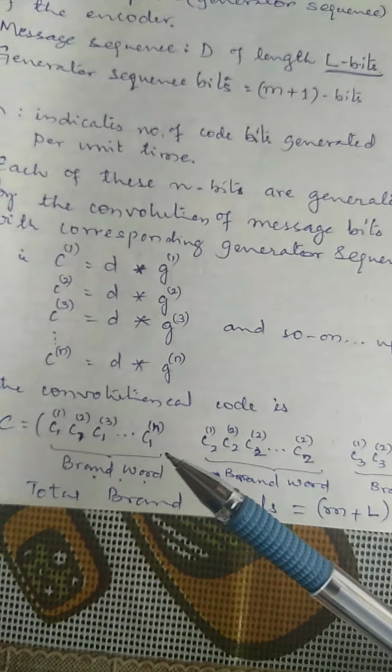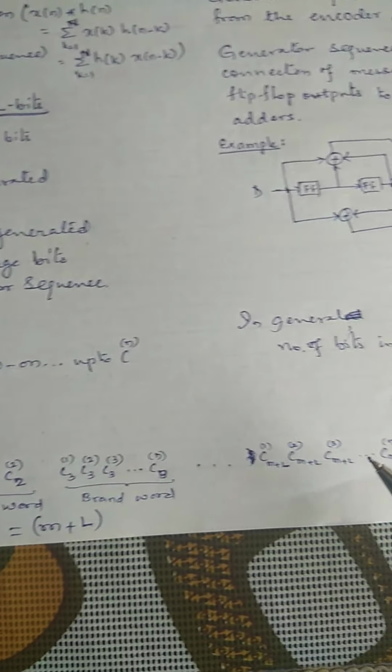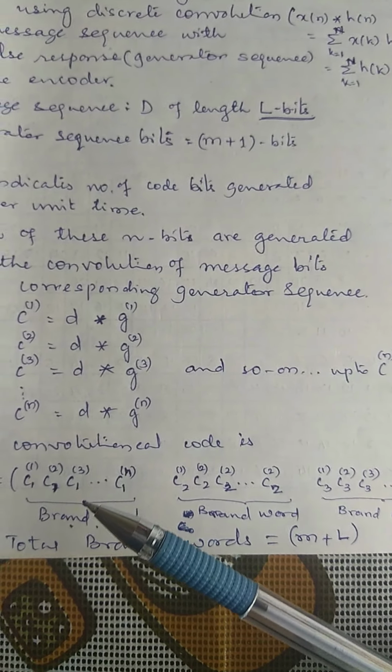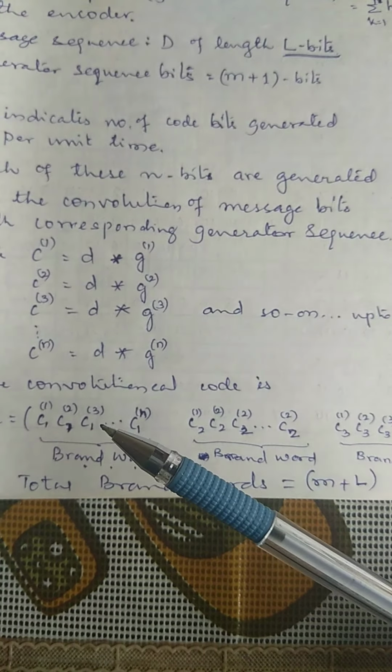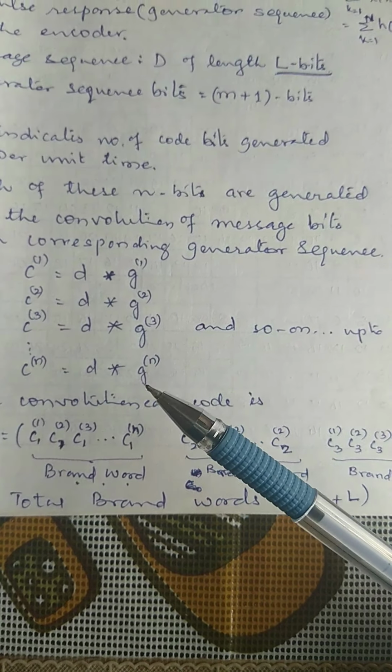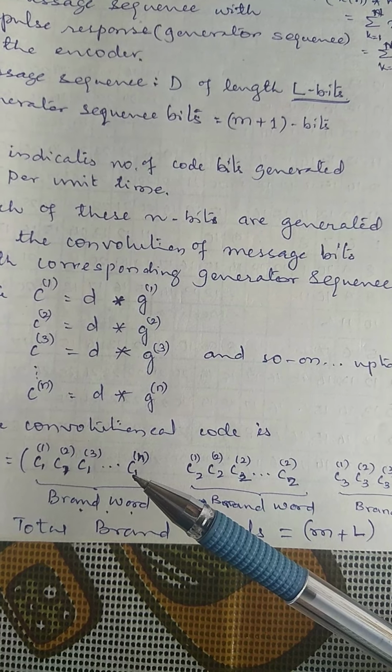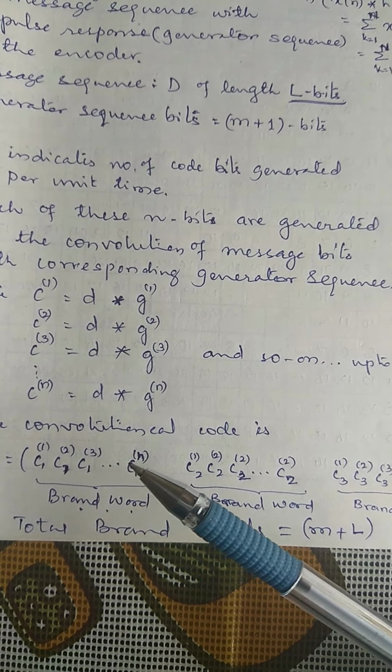That is how the code bits are generated continuously. So for every unit time, whenever the commutator is operated, we generate n bits.